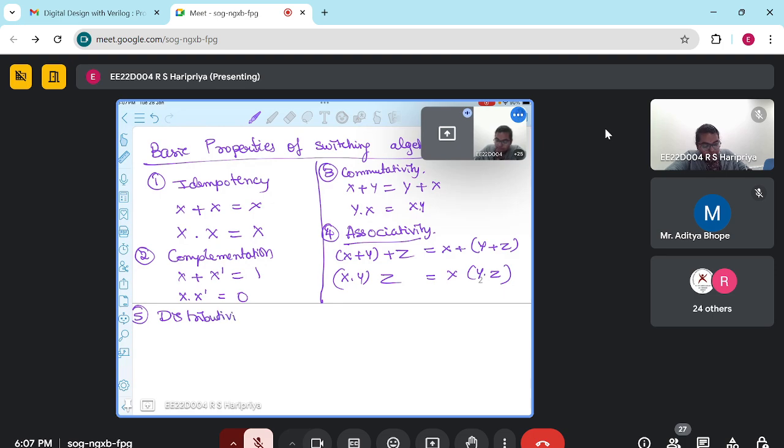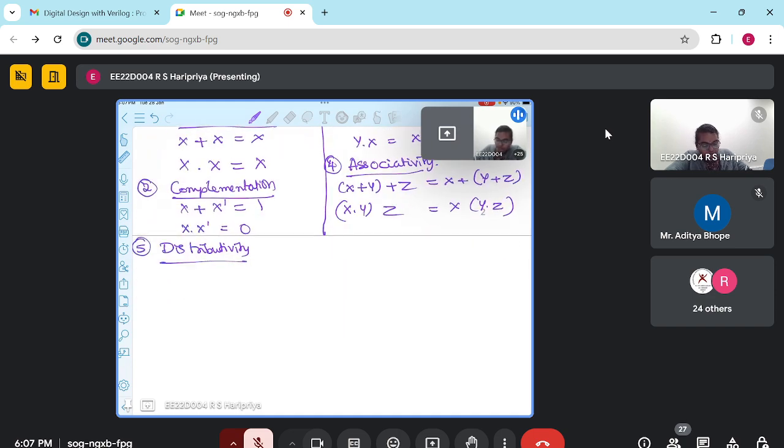Our next property is distributivity. If you perform x AND with y OR z, this AND operation is distributive, so it is x y plus x z.